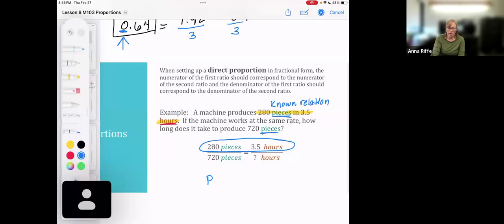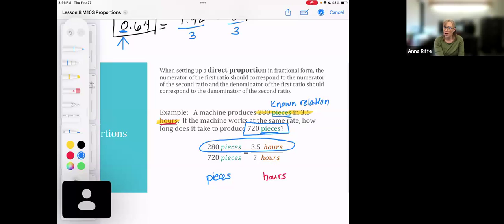We're going to have a pieces side of our proportion, and we'll have a number of hours side of our proportion. So I'm going to put one variable on the left-hand side, information about the other variable on the opposite side. The known relation will become the numerators of both fractions. So 280 pieces on the left, 3.5 hours on the right. The second thing we want to find is the remaining quantity that we have not input into our proportion yet.